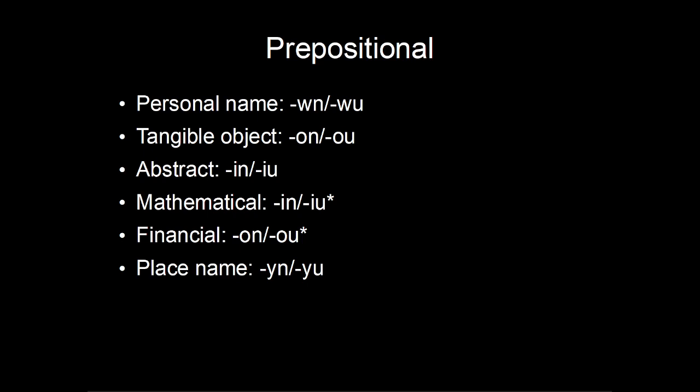Now, this is one case we don't have in English. It's the prepositional. We have the nominative, accusative, and genitive, which is he, him, and his. We only have them for pronouns, but what we don't have is prepositional. And I was looking it up on Wikipedia.